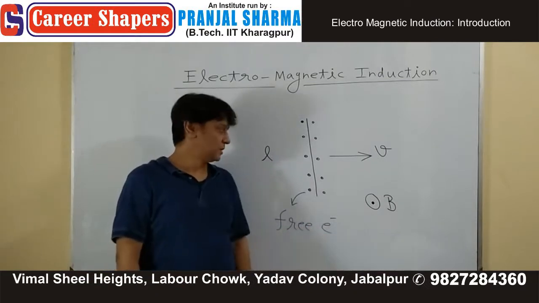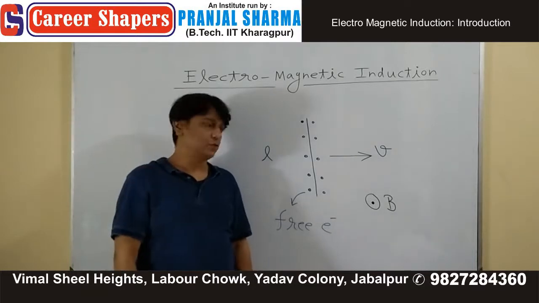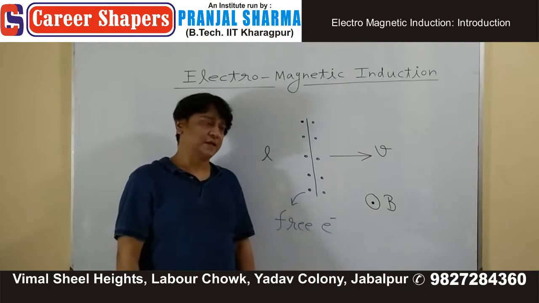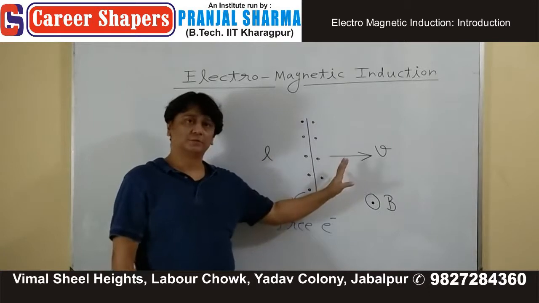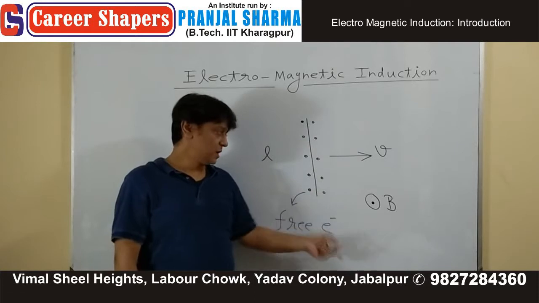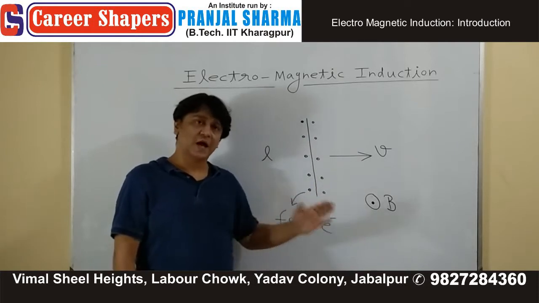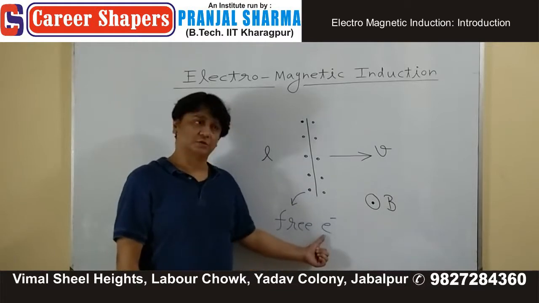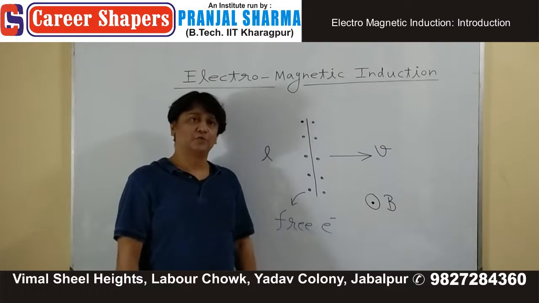Now, you have done Lorentz force. So I'll give you 30 seconds. If you move this rod on which these free electrons are present in the presence of this magnetic field, what is the direction of force which is acting on these electrons? Your time starts now. Let's see how many of you can answer this.